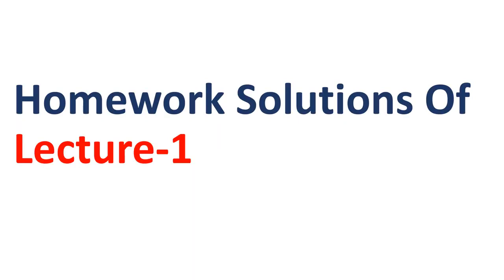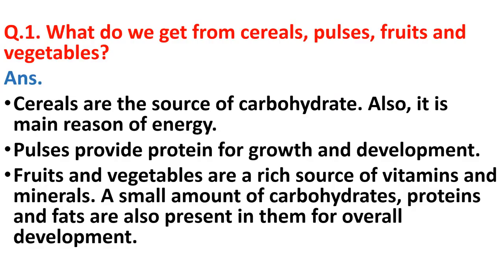Now students, I will be discussing the homework solutions of lecture number 1. So you can match your answers and correct them right there. Question number 1 was, what do we get from cereals, pulses, fruits and vegetables? Answer: cereals are the source of carbohydrate.